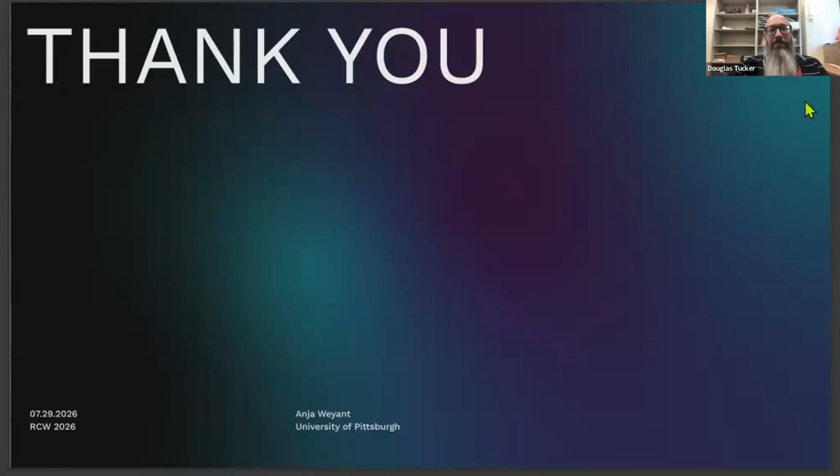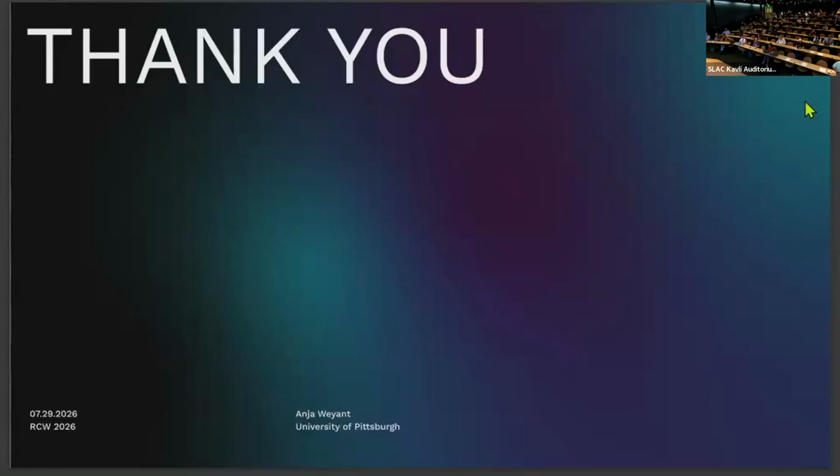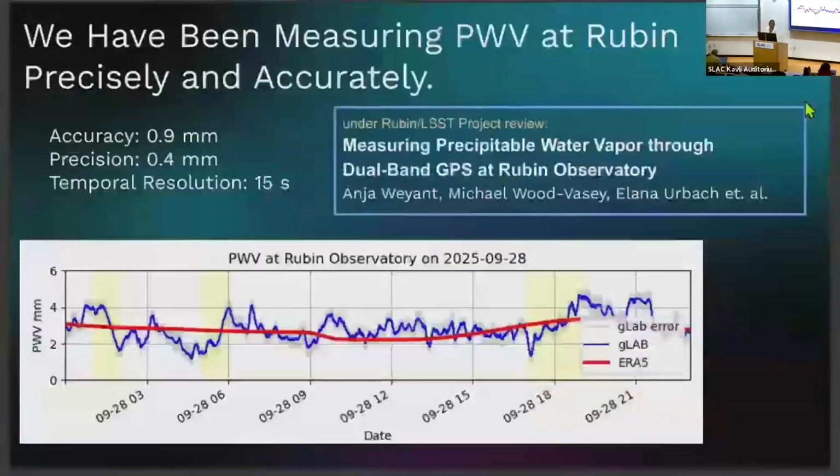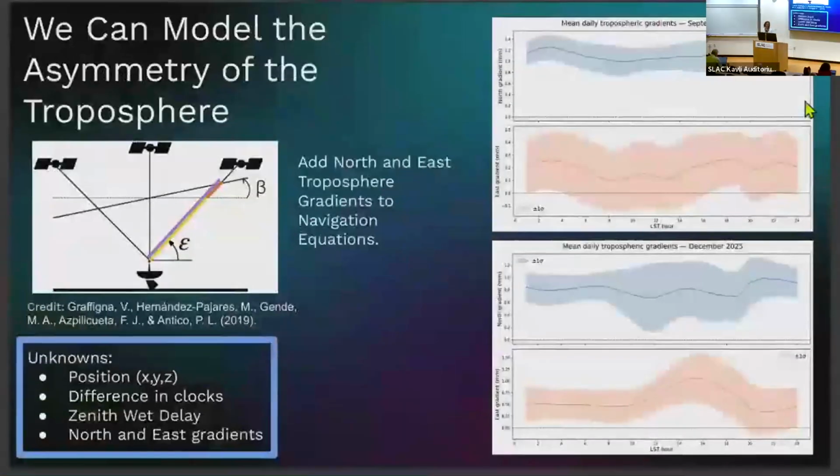So I actually did not understand the gradients and what that was a gradient of. Oh, sorry. They call this the tilted atmosphere in the GPS literature.